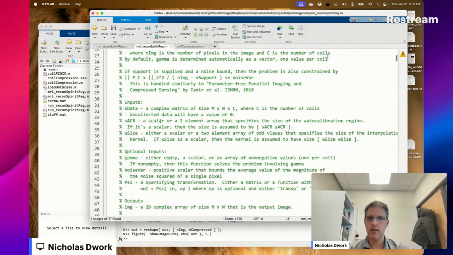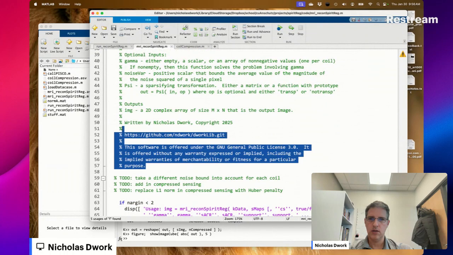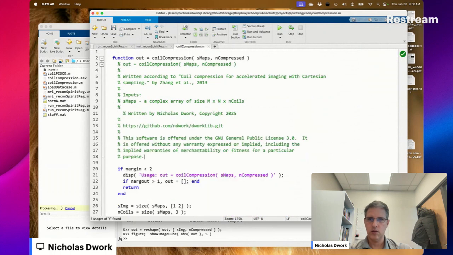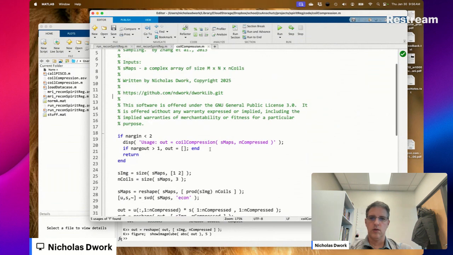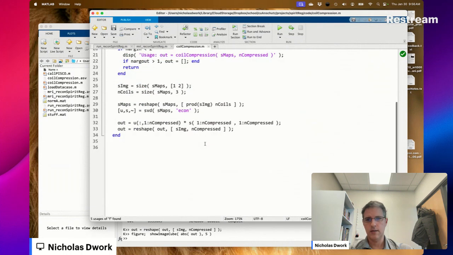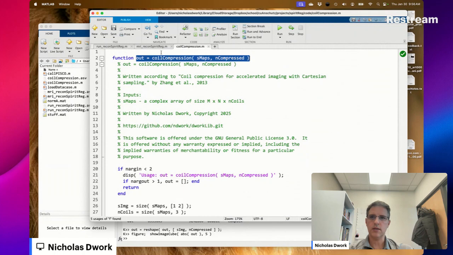Okay. Well, that was easy. Let's compress these coils.